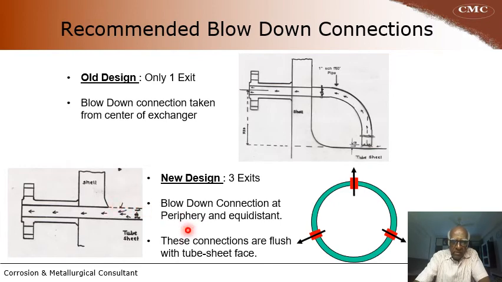And also you can notice these connections are flush with the tube sheet surface. Flush with the tube sheet surface means it doesn't allow any stagnant water to remain on the tube sheet. So this is an improved design ensuring removal of blowdown water uniformly throughout the cross section.